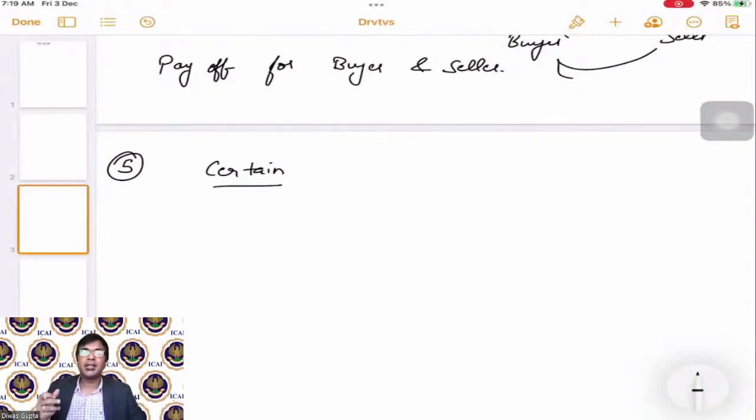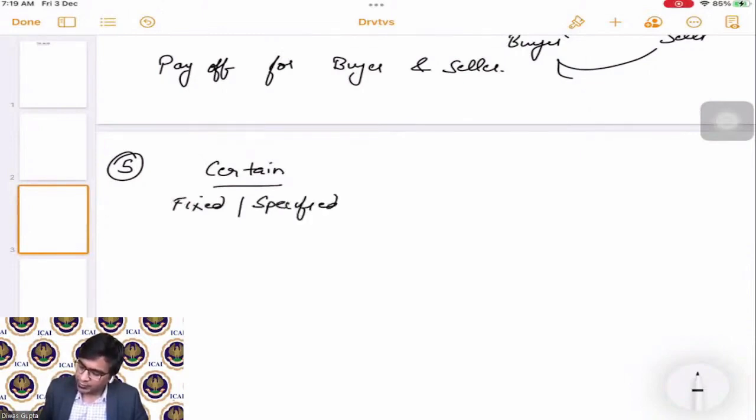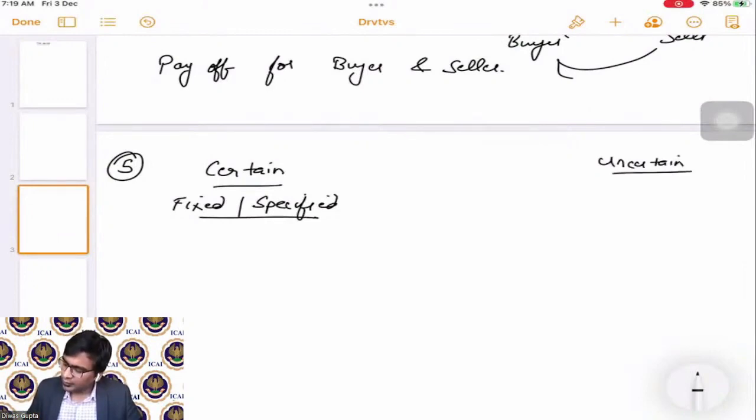Certain means that they are fixed or specified. And there will be some other elements that are uncertain, which are variable in nature.